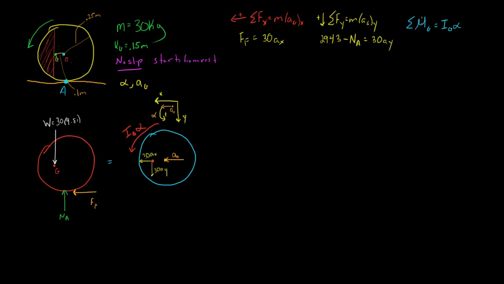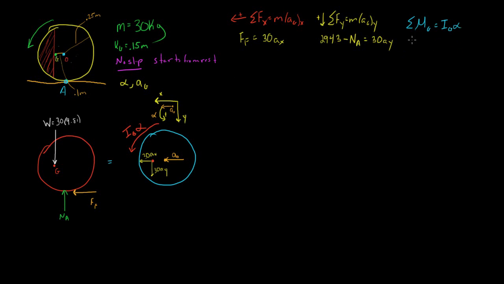Now, if you don't choose to use the center of mass, your moment of inertia is going to have to be modified with the parallel axis theorem to accurately change the point you're taking your moments about. So if you took the moments about point A right here, I'm not sure if you really want to, but if you did, then your normal force and frictional force would cancel out, but your moment of inertia would have to be the moment of inertia about point A and not point G.